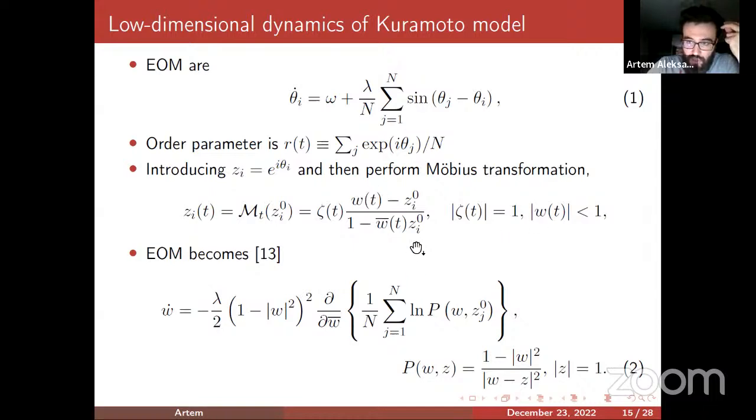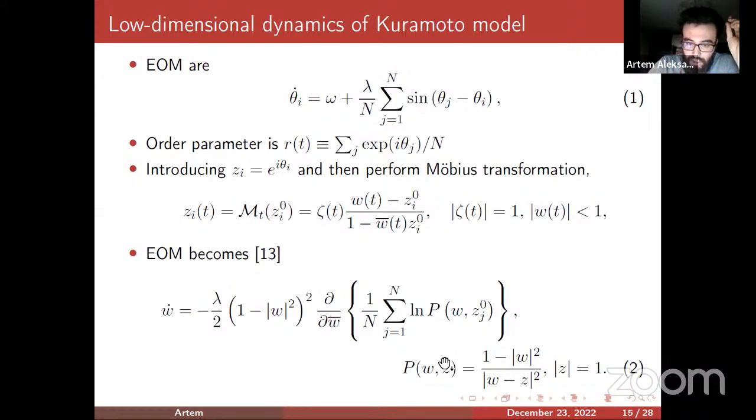Instead of a set of n equations, I can write down two equations, one for the complex variable and one for the real variable. So I perform the dimensional reduction. The resulting equation for w is given on this slide. It is the second formula. It is quite a complicated equation because it is very nonlinear. It is not solvable, and so on.